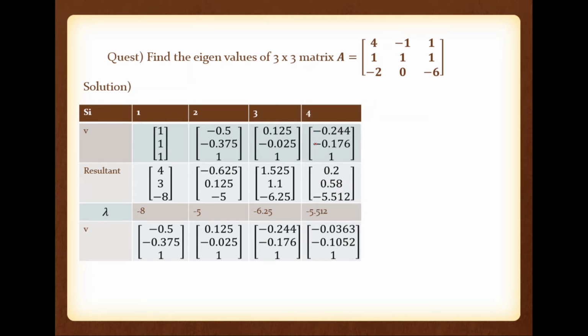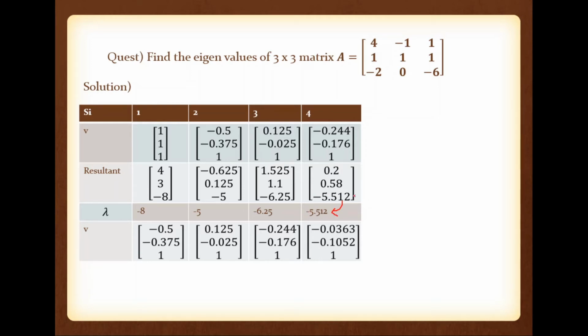Now multiply A with this initial vector, which will give 0.2, 0.58 and minus 5.512. What is the largest element? Minus 5.512 is the largest element, so that one is taken outside. So lambda is minus 5.512.